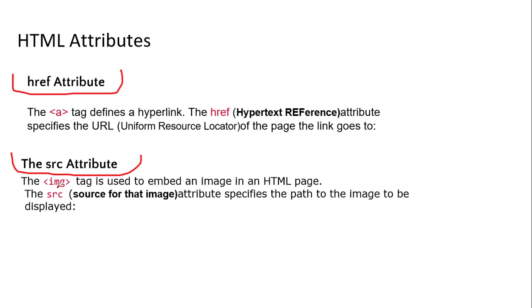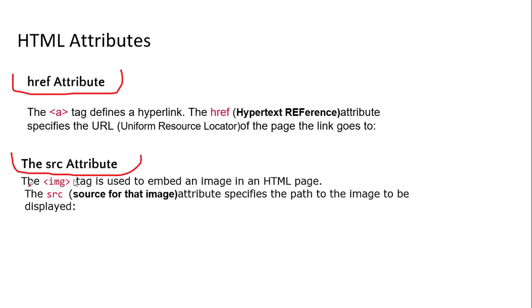If I want to insert an image, you use the image tag, img shortcut. The image tag is used to embed an image in an HTML page. And src, the source for that image attribute, specifies the path to the image to be displayed. It always specifies the path.